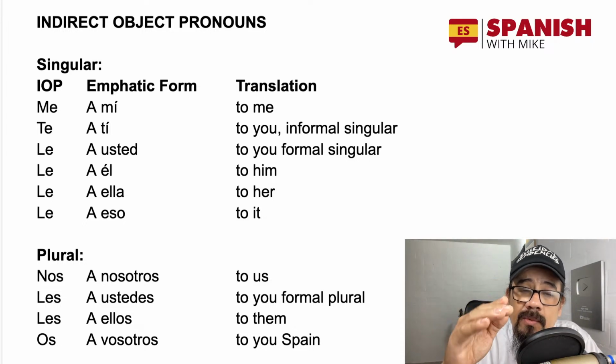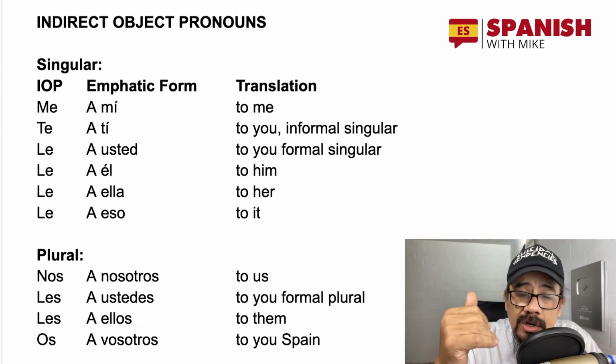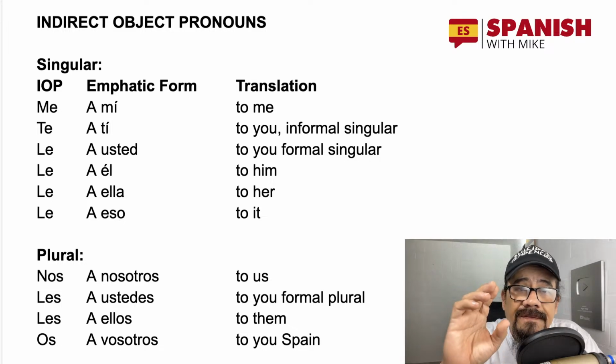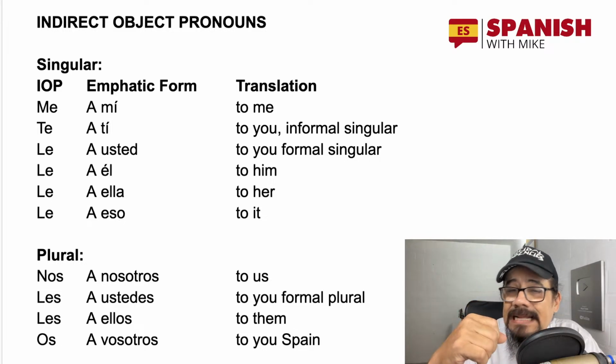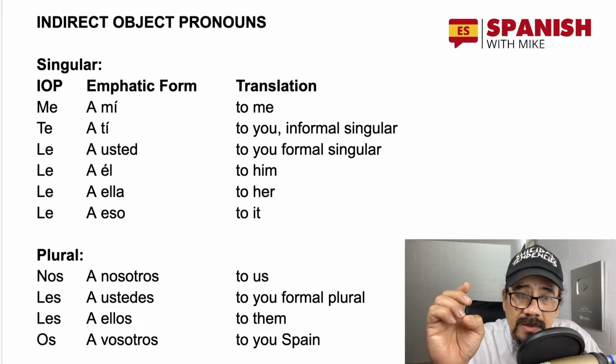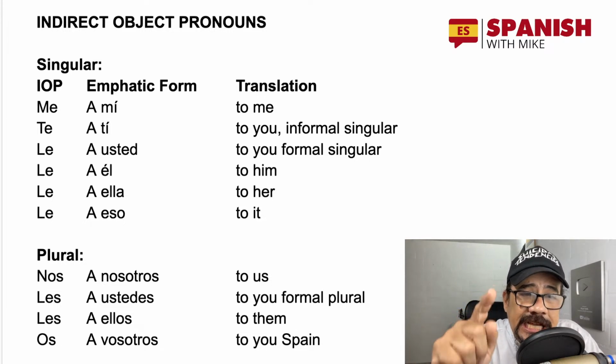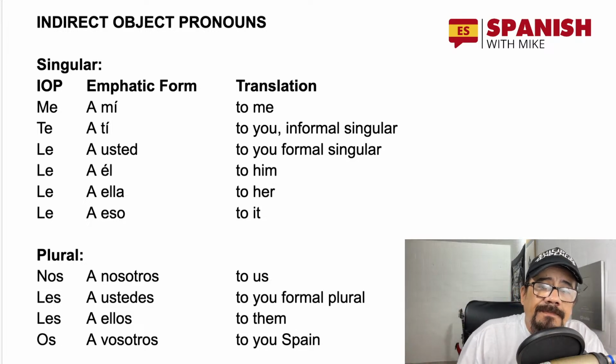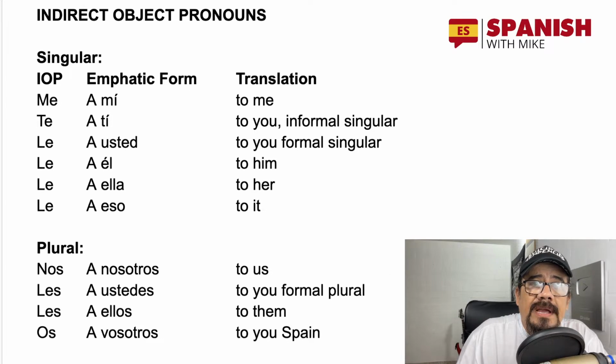But tonight we're going to learn just the part of indirect object pronouns that we need in order to fully master the verb gustar. So these are the singular and the plural forms of the indirect object pronouns.